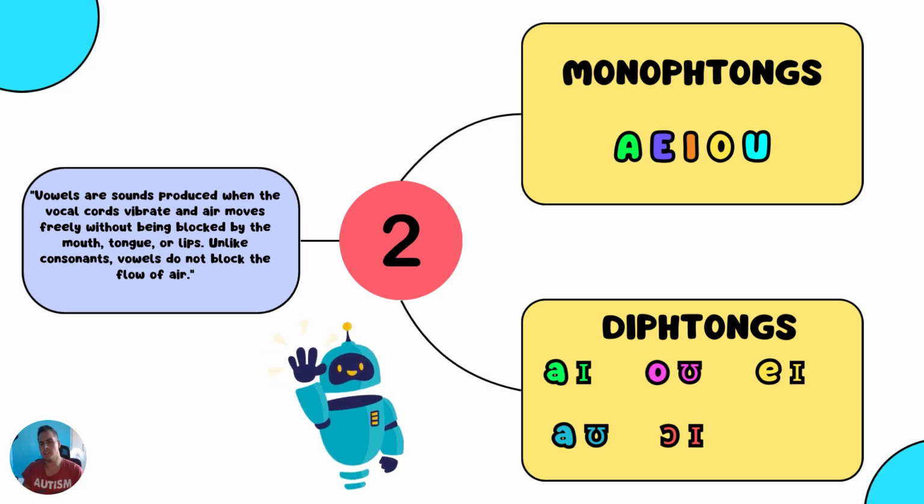Unlike consonants, consonants block the flow of the air. And we need to keep this in mind. Vowels are divided into two parts, monophthongs and diphthongs. Monophthongs: a, e, i, o, u, and diphthongs: i, o, a, ow, and oi.